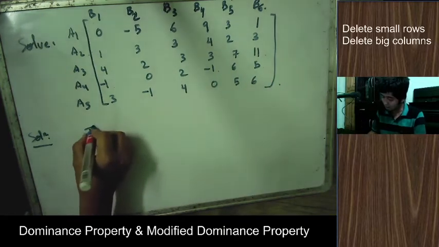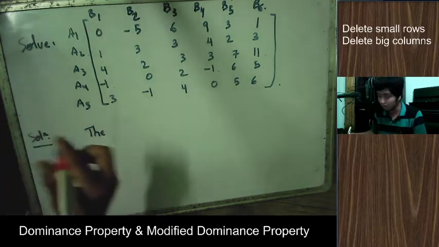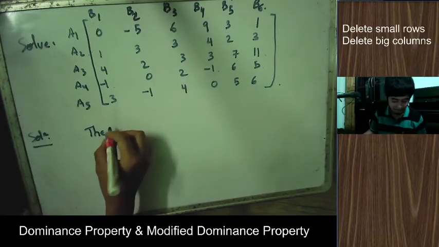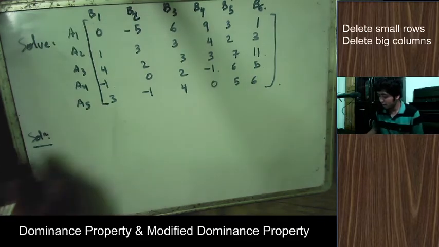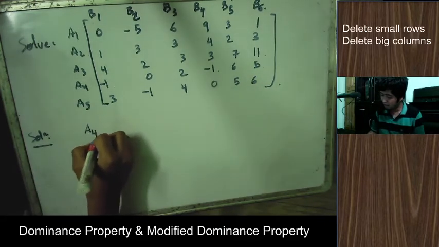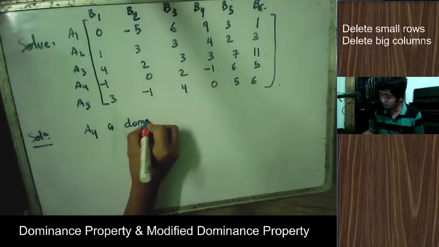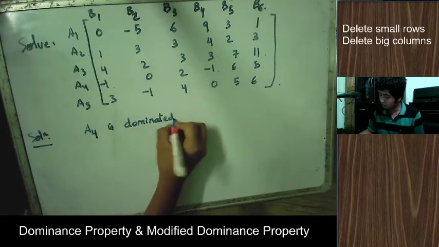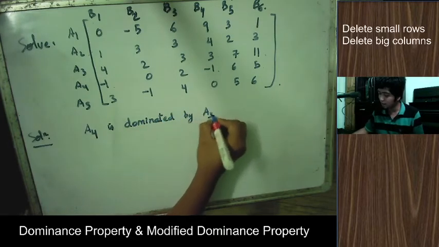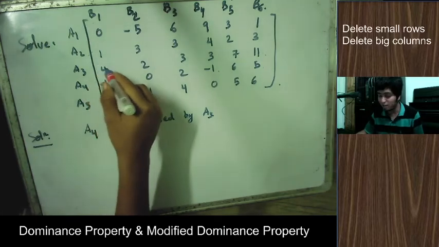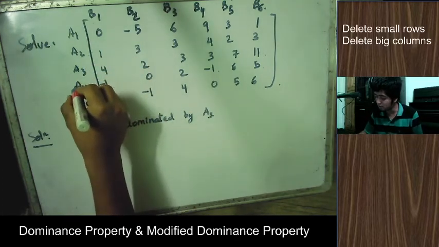So we are using the first property: strategy A4 is dominated by A3 because A3 is bigger, so we can delete this one.